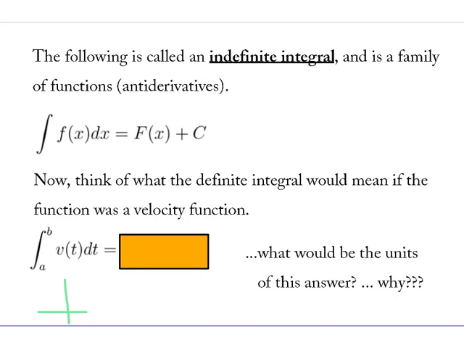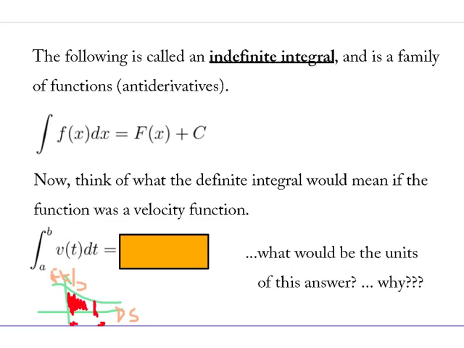So what if a velocity function looked like that, and your velocity was measured in feet per second, and your time was measured in seconds. Okay, now think about what the area under this curve would be if we were looking at some a value and some b value.